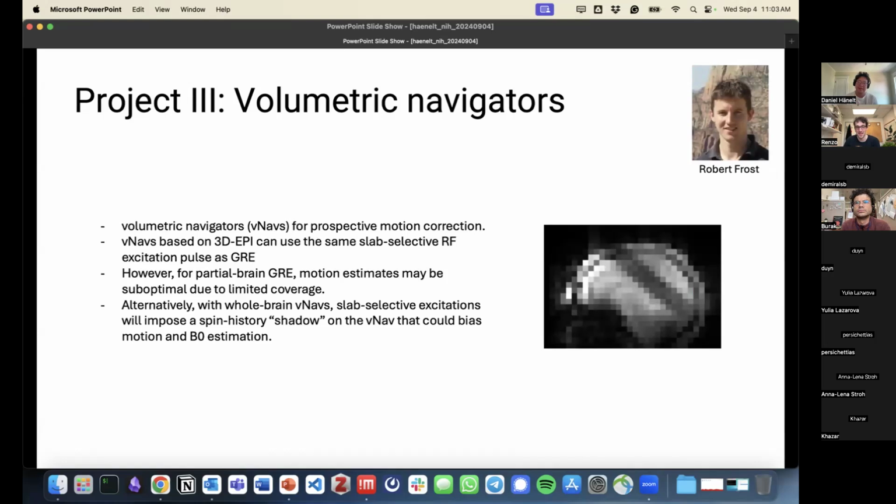For example, in 3D I'm struggling a lot with these transition areas of my slab, which has a finite sharpness, so very often the motion estimation tries to align the borders of the slab. For me, this is actually a real limit, that motion in that direction is usually not accounted for.